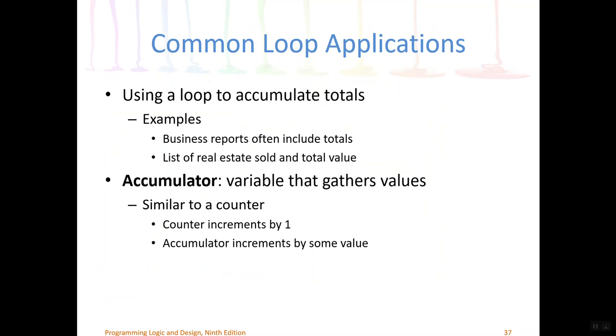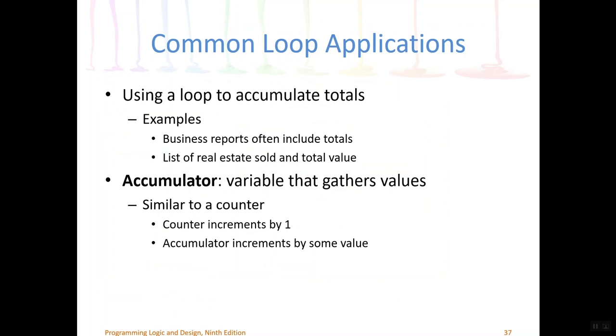Common loop applications. So what are we using loops for? Loops are used anytime we need to loop through and do something multiple times, but it is a very common application to use loops to accumulate totals. So for example, think of business reports, where we need to loop through a bunch of records and calculate some totals. In that case, we can call the variable that gathers those values together, that total, an accumulator.